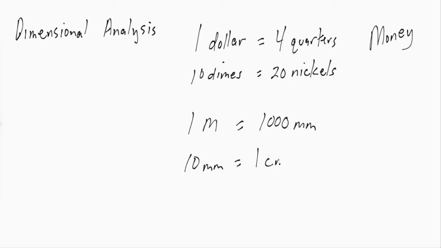That's another one. So anytime you can make these statements that each thing is equivalent to another thing, even if they have different units, because we're using numbers to make them equivalent, we would say that you can use them as a conversion factor.